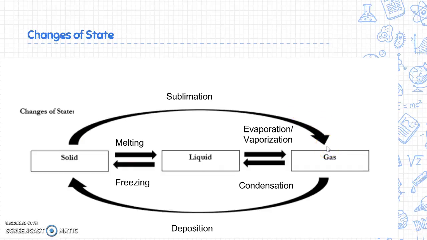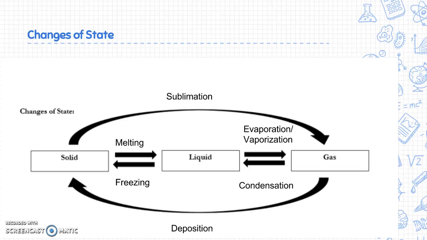Then you have this arrow going directly from a solid to a gas, which is called sublimation. An example of sublimation occurs with dry ice. Dry ice is solid carbon dioxide, and you'll see that gas come off of it, and that's carbon dioxide gas. Another example is mothballs.